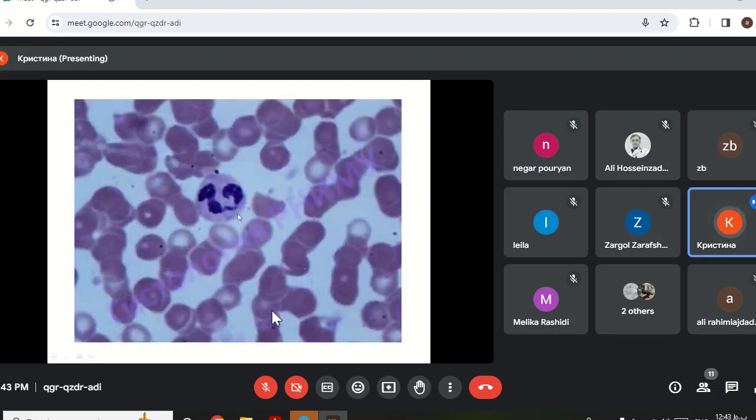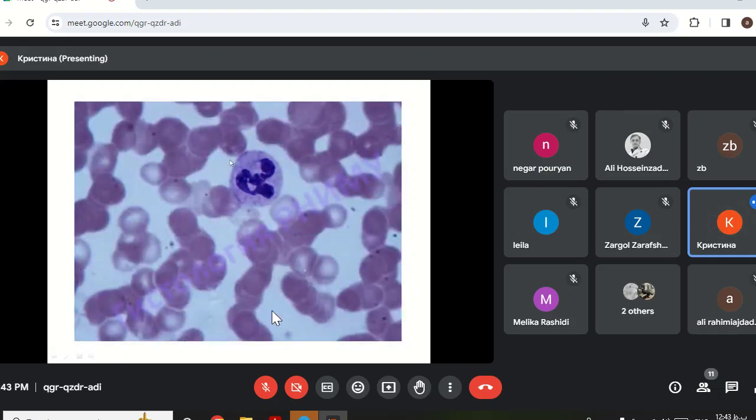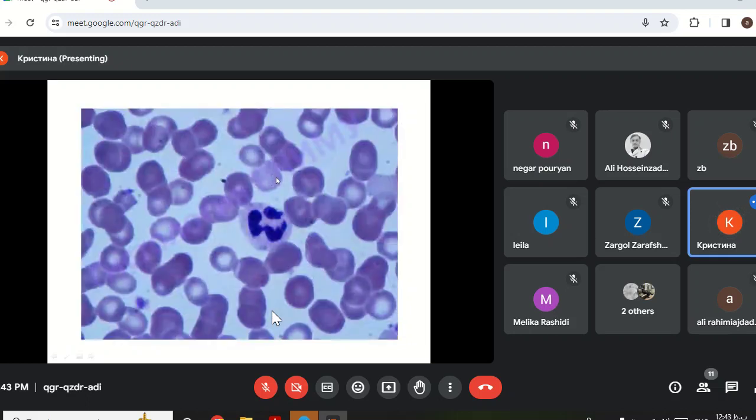This one is a mature form of a neutrophil with 1 to 3 segments with small bridge and pale cytoplasm. Another example of the same cell, neutrophil with 1 to 3 or 4 segments and pale cytoplasm with tiny eosinophilic and basophilic specific granules.